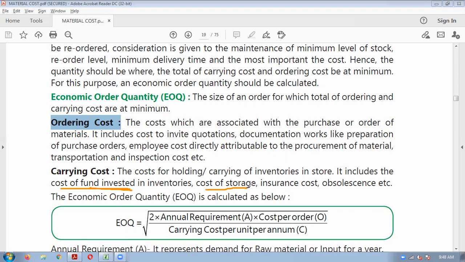Then cost of storage, then insurance cost will be there. Obviously, when you are storing material, if it is of a big size, a lot of cost will be involved, so you should take proper insurance for your material. And there will always be the risk of obsolescence.